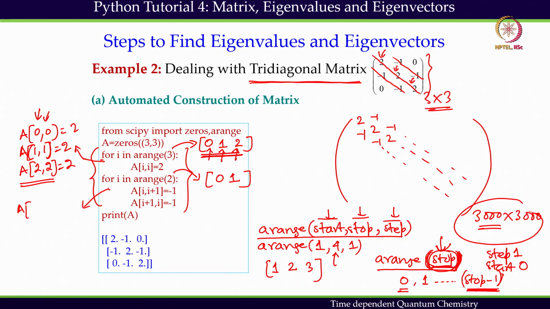On the other hand, for the next one, I have only the option 2, 0 and 1, and that is why we will write down first one is 0, and then second one is going to be 1, that is going to be minus 1. So, in the first loop, I am reassigning it as minus 1. So, this is going to be the first row second column. First row second column is going to be this one, then second row first column is going to be this one. So, this value has been assigned.